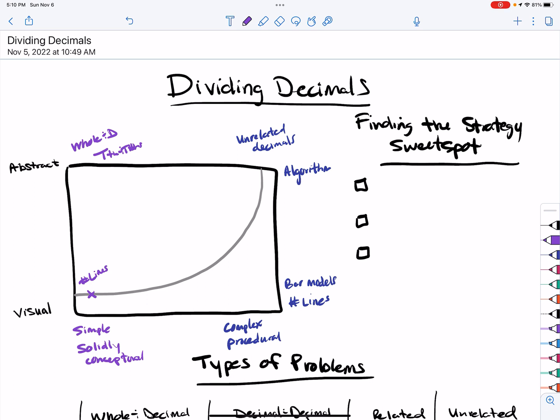Then as we move along, we will look at some equivalent fractions, because we do know quite a lot about dividing fractions, so we might as well use that to our advantage. Then we'll probably look at some things as we get more complex into the branching division, which works really well with our related decimals.